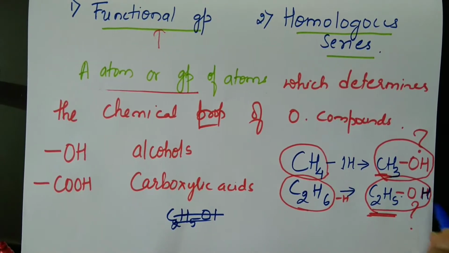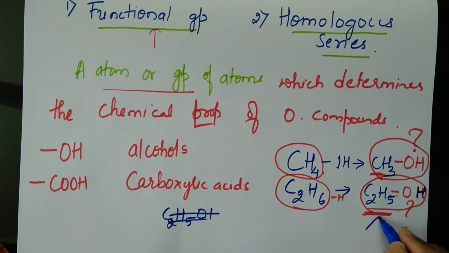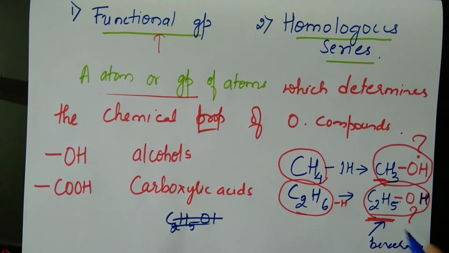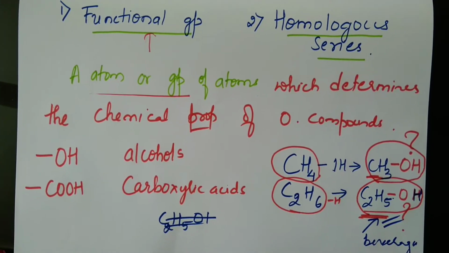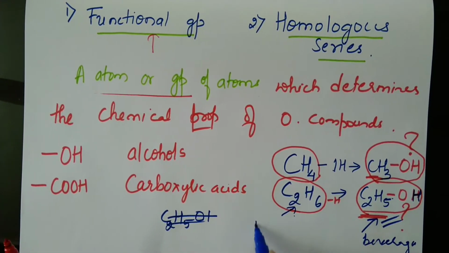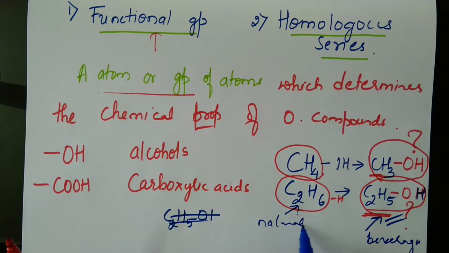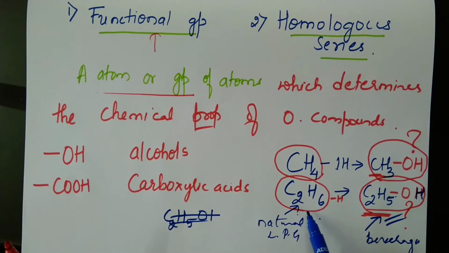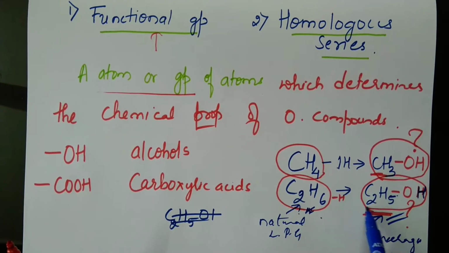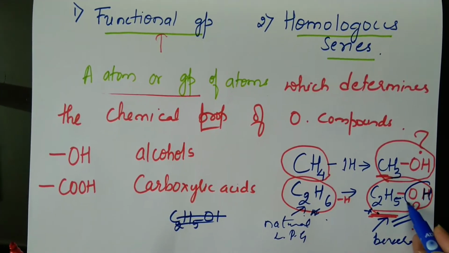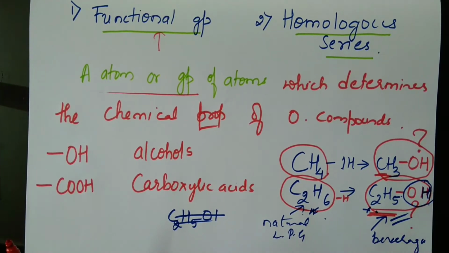This C2H5OH is used as a beverage. Drunkards drink this particular alcohol, but C2H6 is used as a natural gas or in LPG. Understood? There is a lot of difference between this molecule and this particular molecule. Why is there a difference? It is due to the functional group.